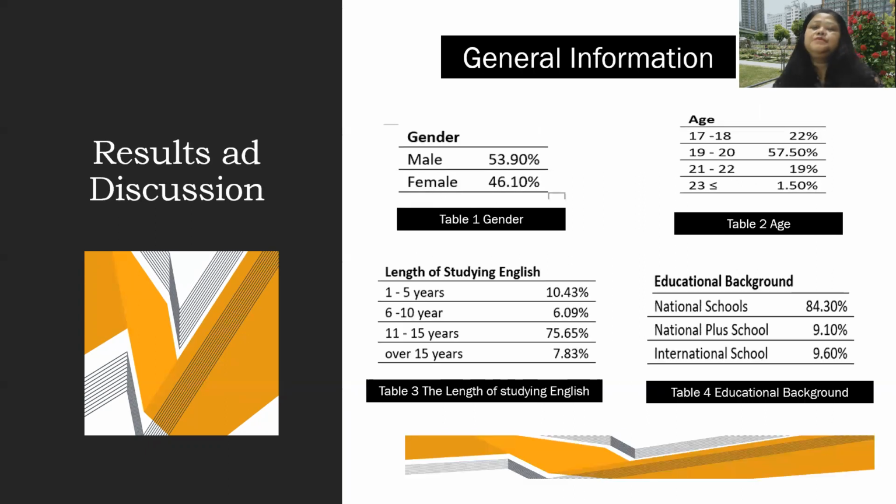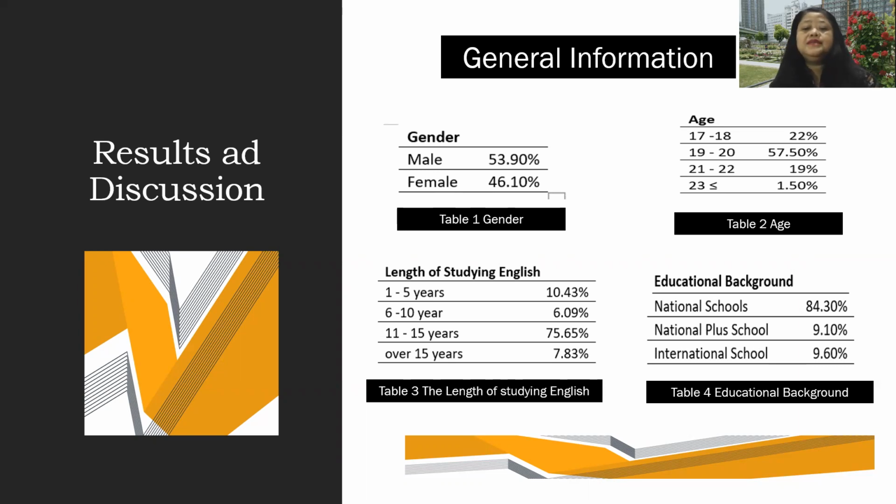So let me tell you finally the results and the discussion of this research study. The first one is to reveal the general information to give you an idea who the respondents are. Table 1 shows the gender: 53.90% are male and the rest are female.